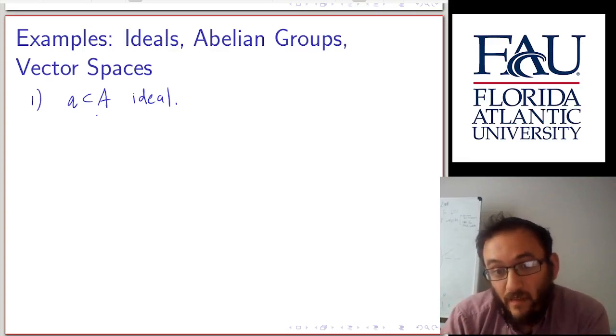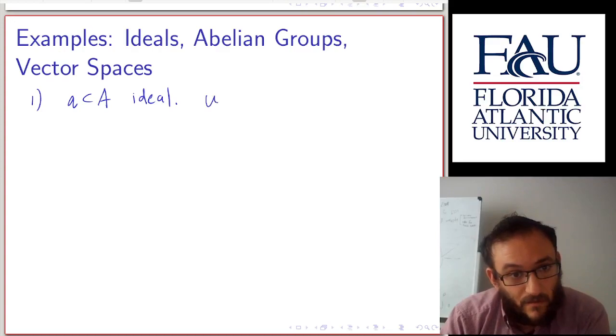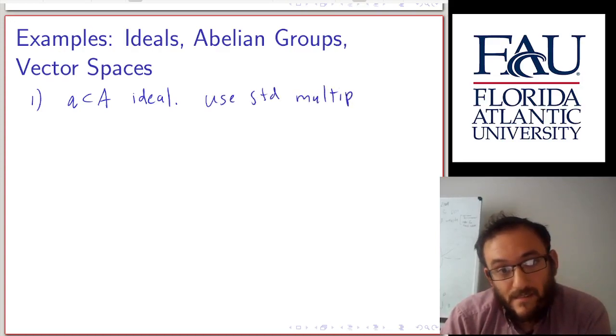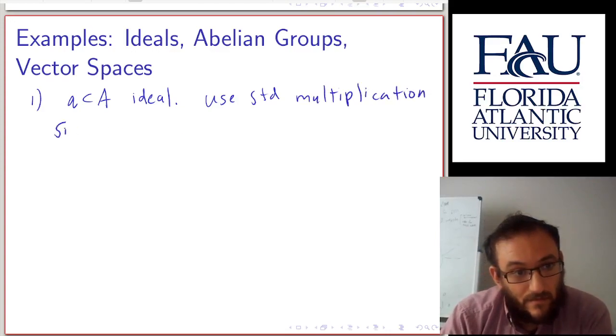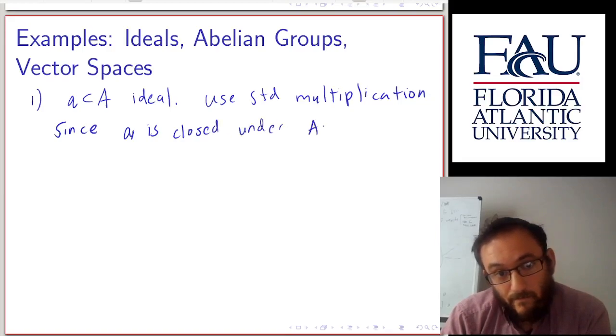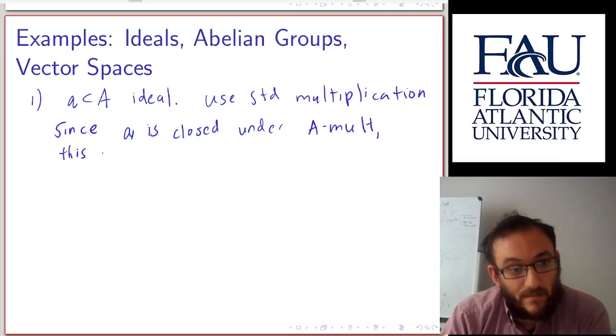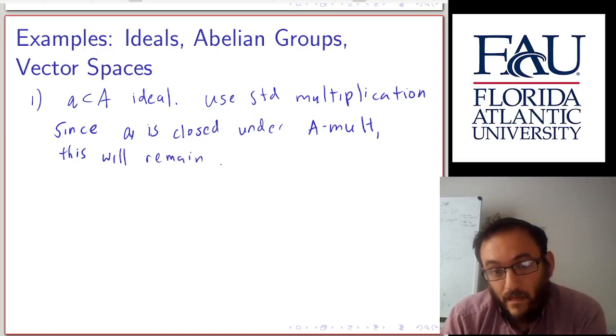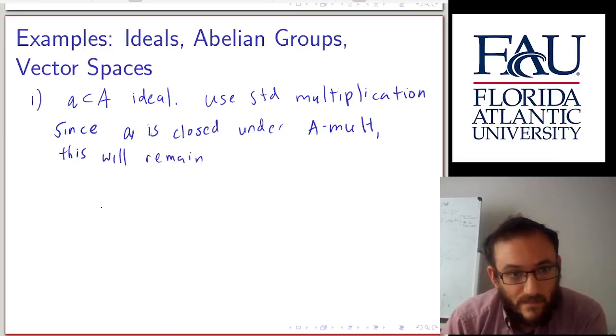Since the ideal is closed under A multiplication, this will remain in the module, so this is well defined.